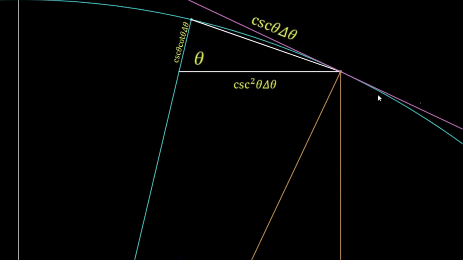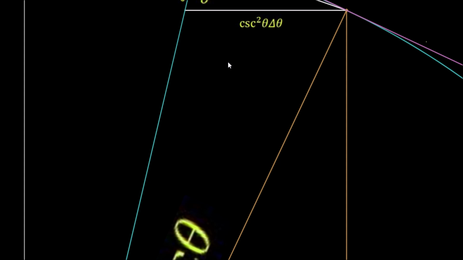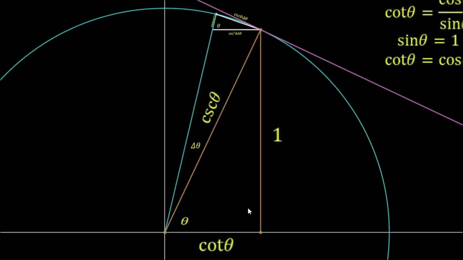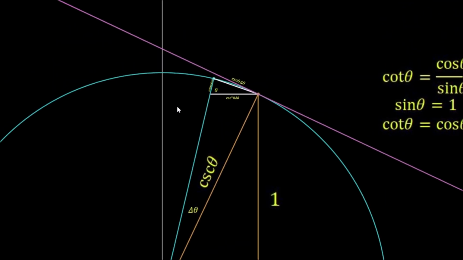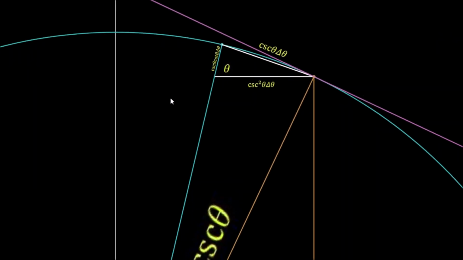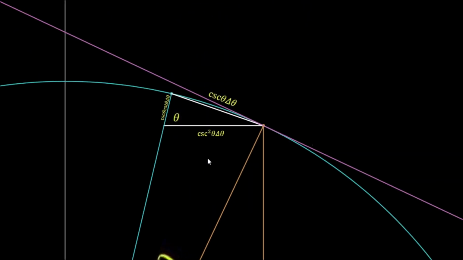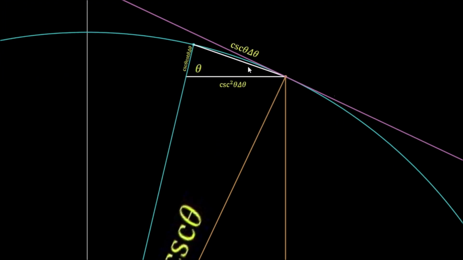And when it tends towards the tangent, the little triangle that we have here is going to head towards the similar triangle that we have here. And again, we use the same arguments that we've used in previous videos. If this is the angle theta and this is the length cos theta, then our little chord here is going to be given by cosec theta delta theta. So we have one length here of our little triangle.